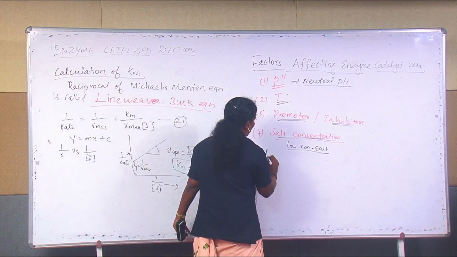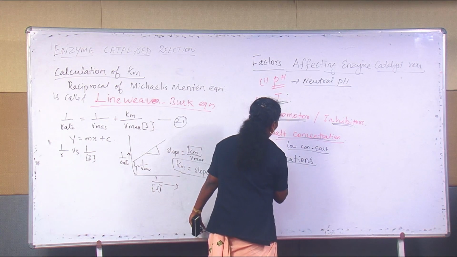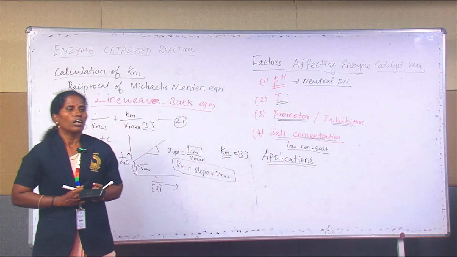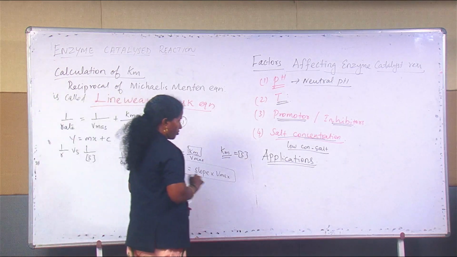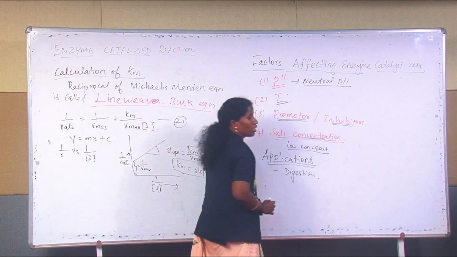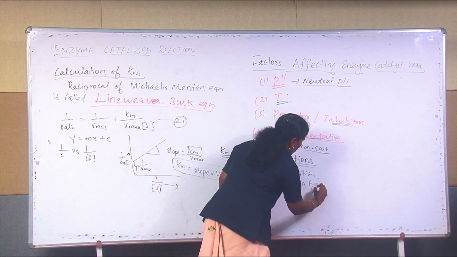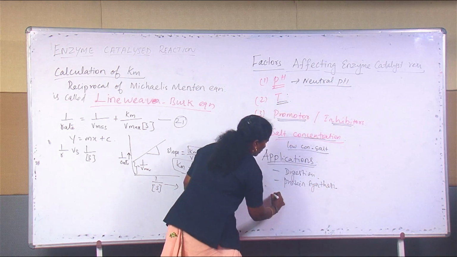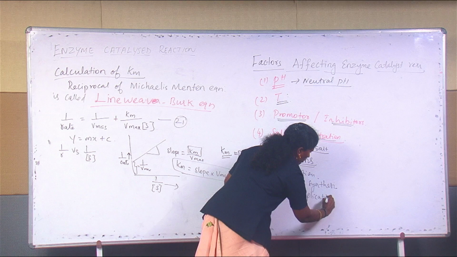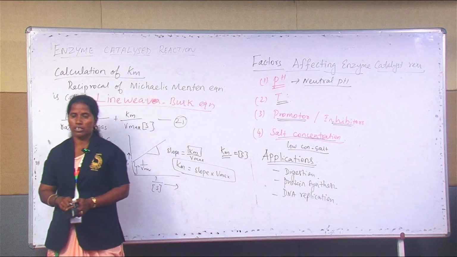Next, applications of enzyme catalyst reactions. Enzyme catalyst reactions are used in various biological reactions like digestion, protein synthesis, DNA replication, etc. There are various biochemical processes where enzyme catalyst reactions are used.